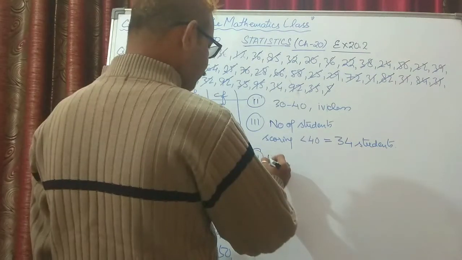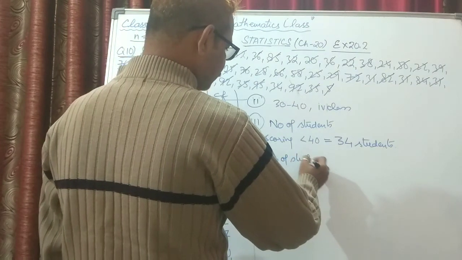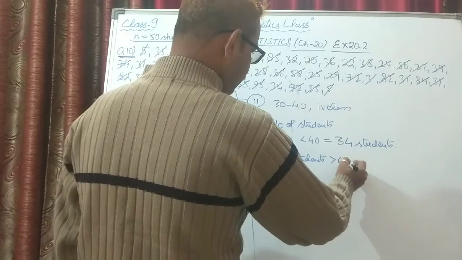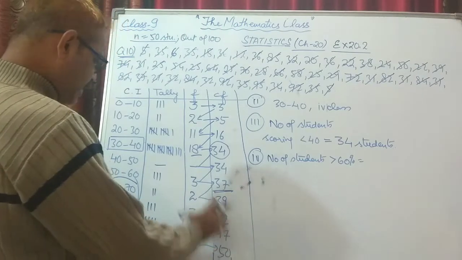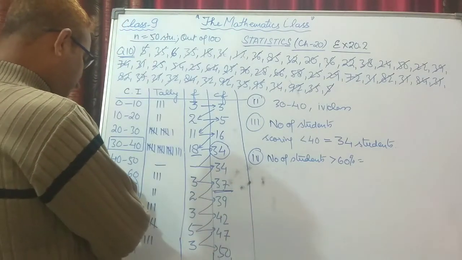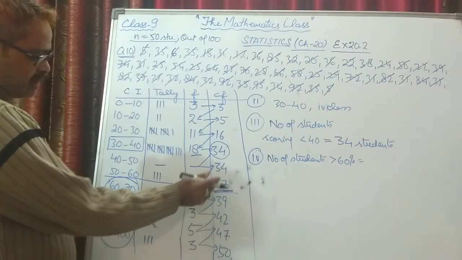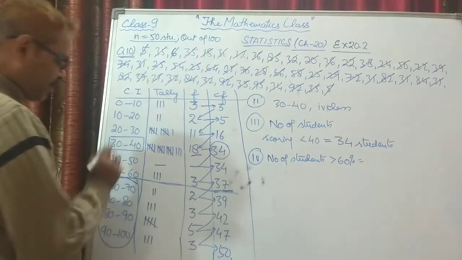So the number of students above 60, greater than 60% or 60 marks, will be total 50 minus up to this. When we subtract up to this, it means up to this class interval, 50 to 60.